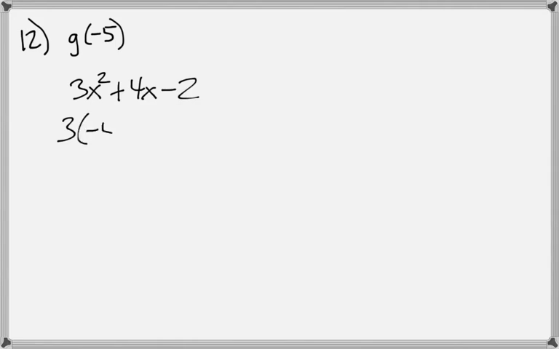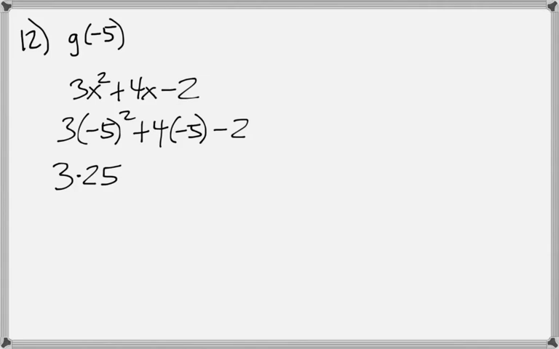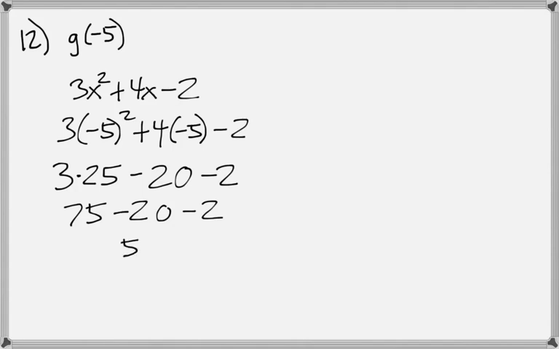So 3 times negative 5 squared plus 4 times negative 5 minus 2. Okay, negative 5 squared is a positive 25. So that negative goes away. This will be minus 20 minus 2. So that'll be 75 minus 20 minus 2, which will give you 53.